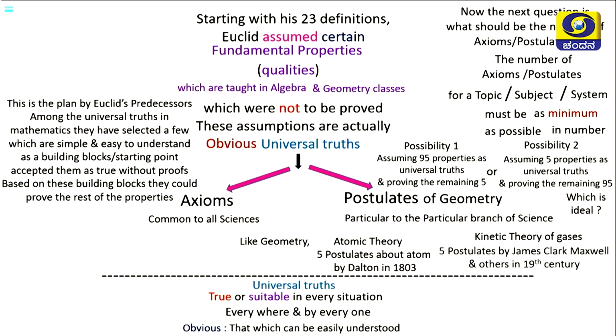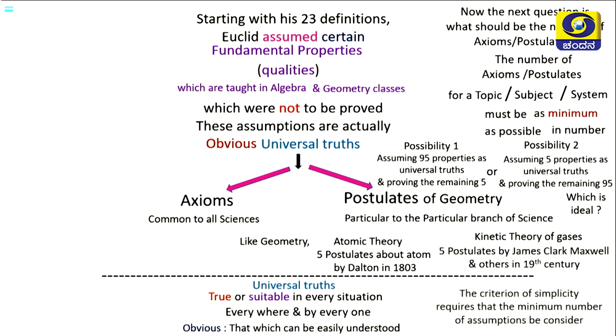Which is ideal, friends? Definitely the minimum number of axioms or postulates is the ideal one. So, the criterion for simplicity requires that the minimum number of assumptions should always be considered.